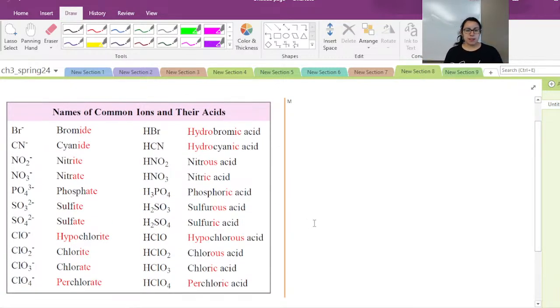And then the other thing that your chapter kind of shoves in there is the acid naming. And acid naming, in my opinion, is like you just kind of have to brute memorize it, which isn't the greatest thing to tell students necessarily.